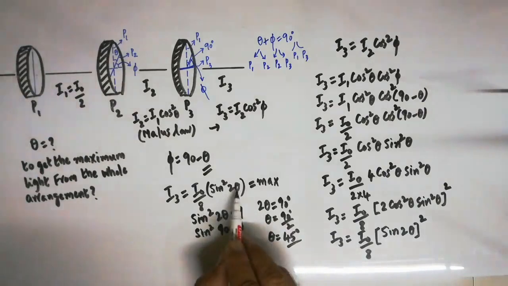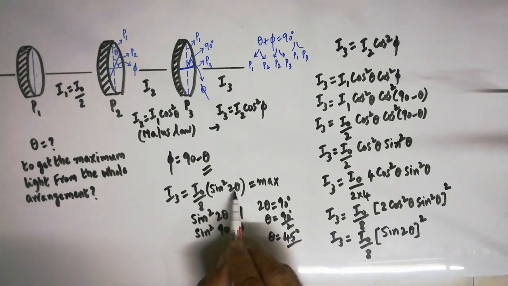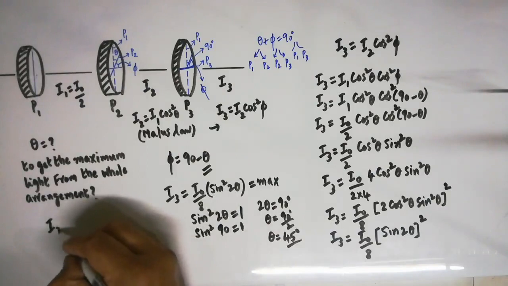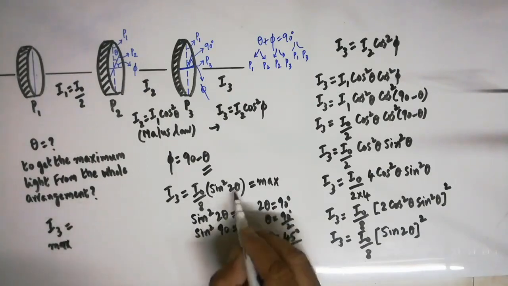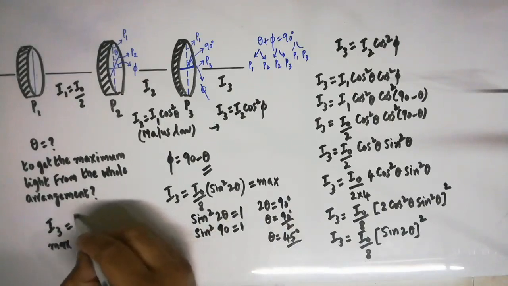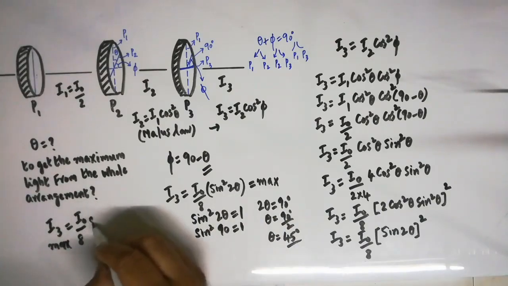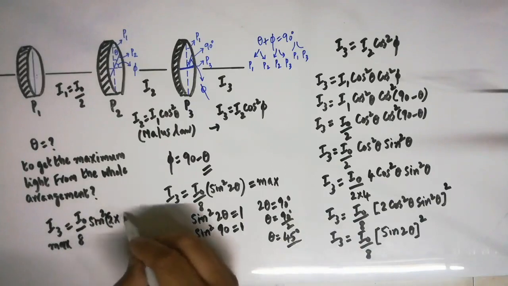Are you clear? You substitute 45 here. If this theta is substituted here, what will happen? 2 into 45 is equal to 90. Sine square 90 is equal to 1. So on the whole, the I3 value becomes maximum after the substitution of this 45. I will substitute. Look at the maximum value of the intensity: I0 divided by 8 sine square 2 into 45.